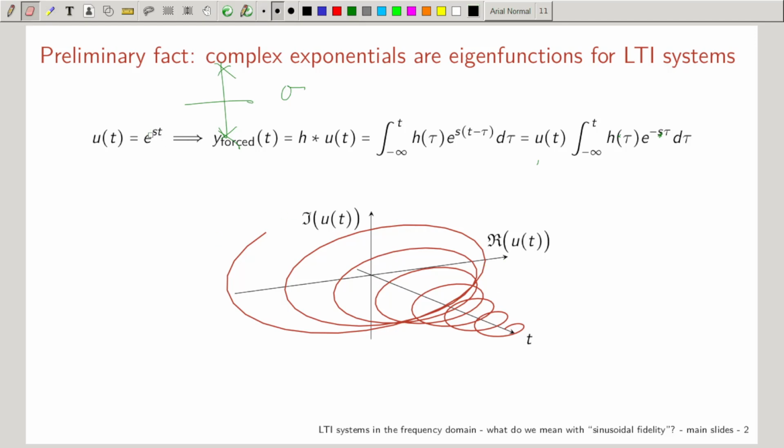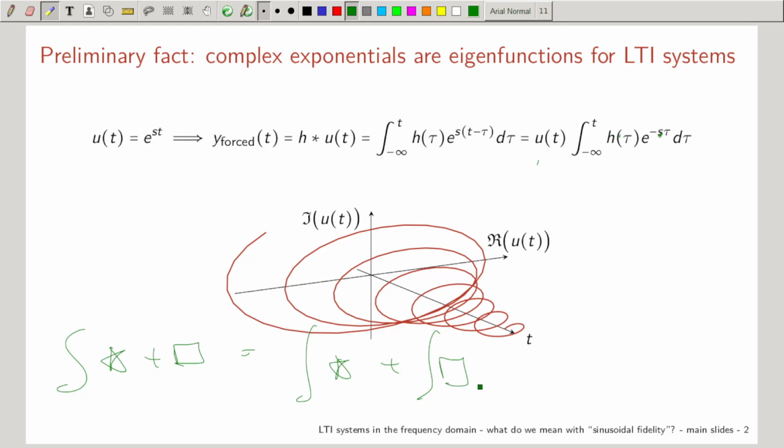Perfect. This is general, so the discussion that we do now works for all the cosines and sines. Because the integral of a sum is the sum of the integrals. True? So all the stuff that we do now is general.